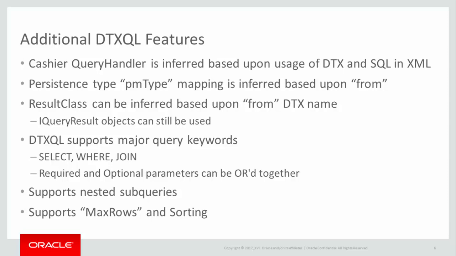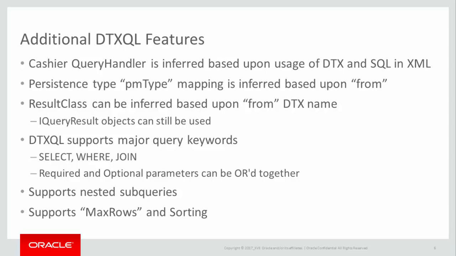And DTXQL can support additional SQL concepts that were not shown here due to space, such as table joins and where clauses, where most of the required and optional fields in a where clause are ANDed together. You can OR them together if you specify OR elements around the required or optional fields that you want. And then subqueries are also supported.